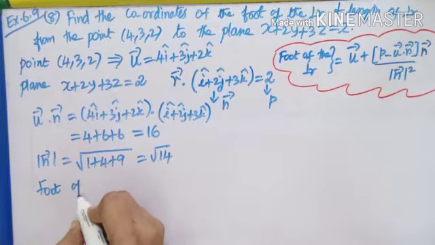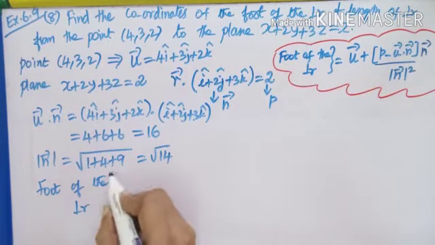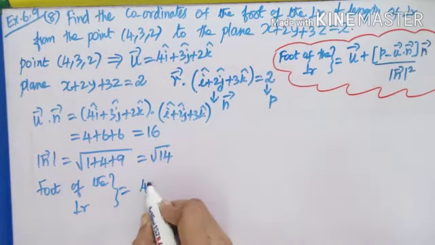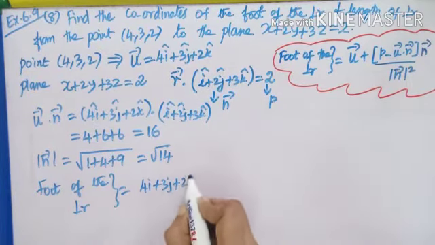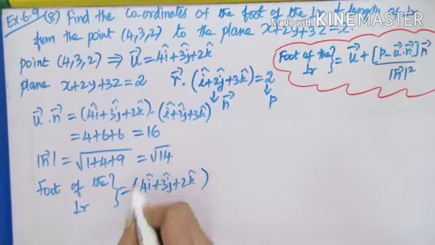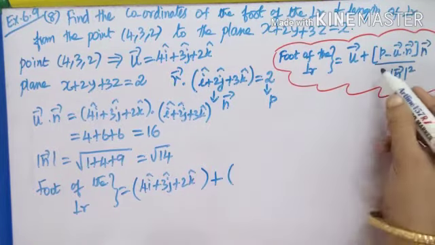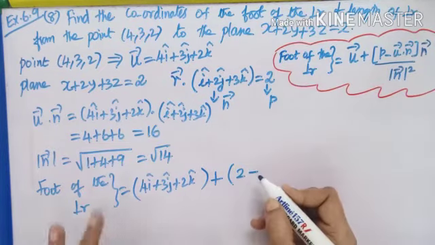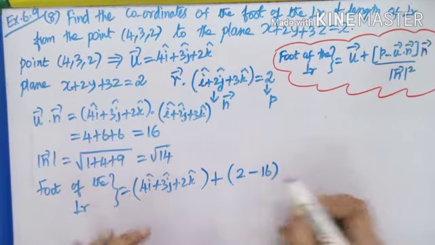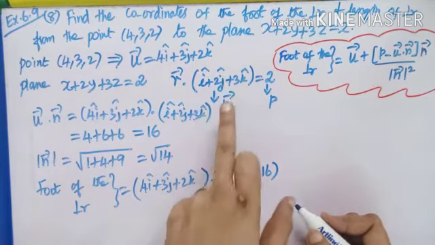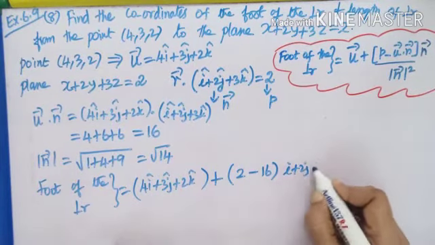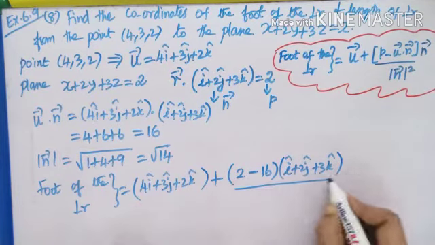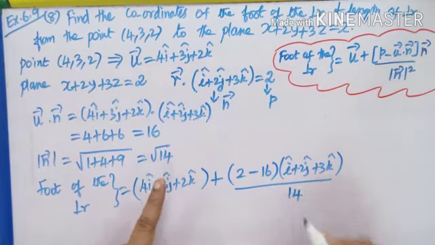So let us simplify in that. Foot of the perpendicular equals u vector. What is u vector? 4i plus 3j plus 2k plus (p minus u dot n). So p is 2, minus u dot n is 16, into n vector. n vector is i plus 2j plus 3k divided by mod n square, which is 14.